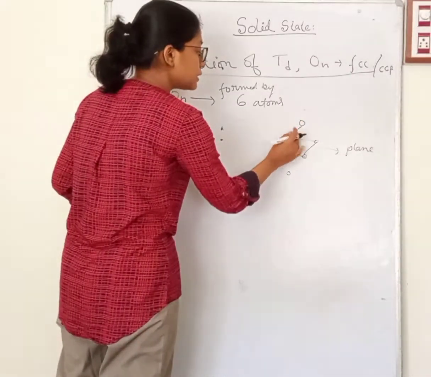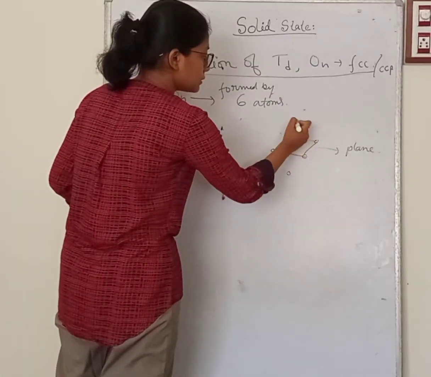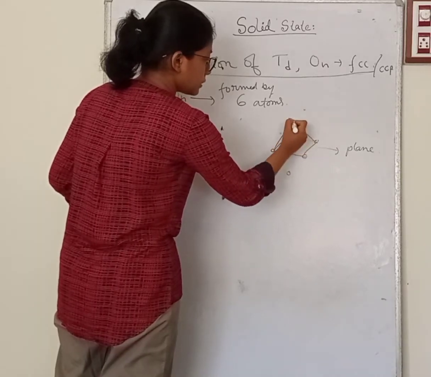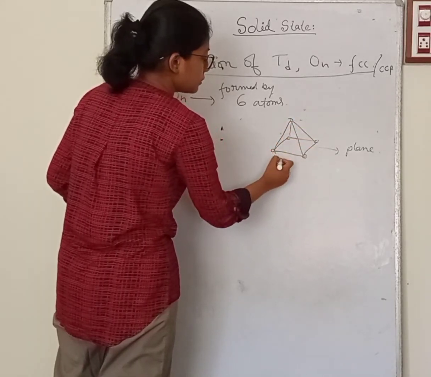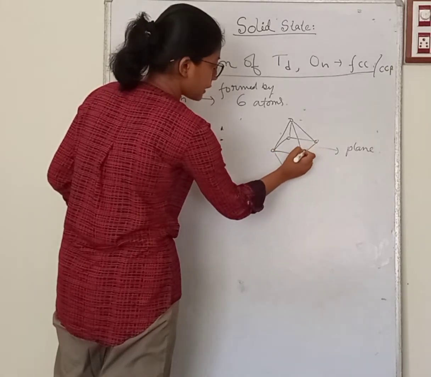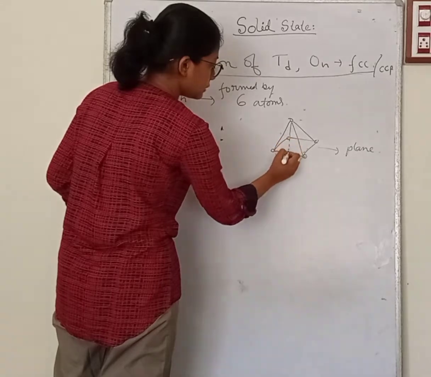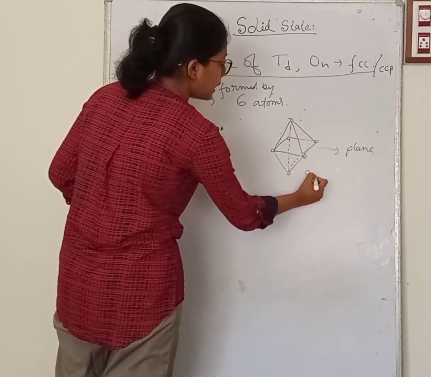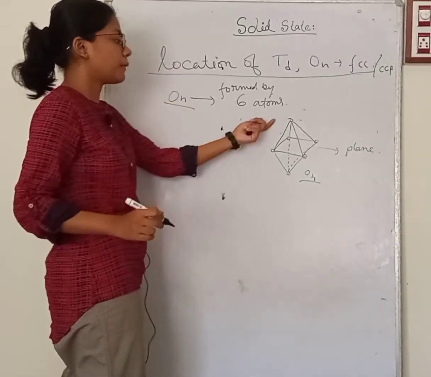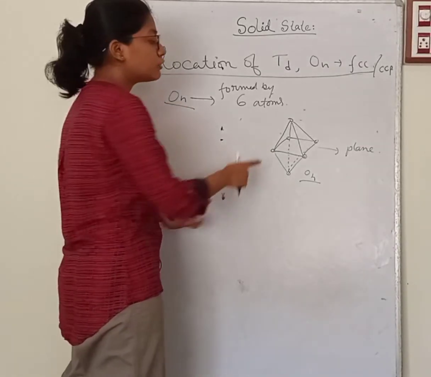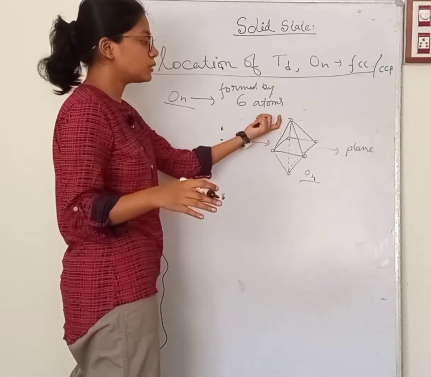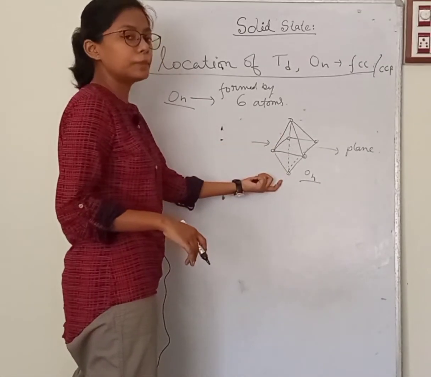The structure formed by this kind of arrangement of atoms is called an octahedral structure. So octahedral voids are formed by 6 atoms, 4 of which lie on the same plane, one above the plane, one below the plane.